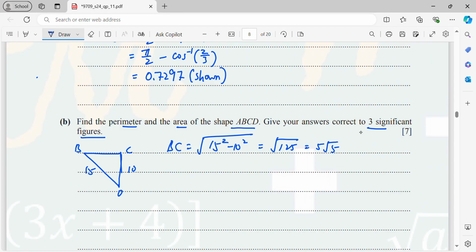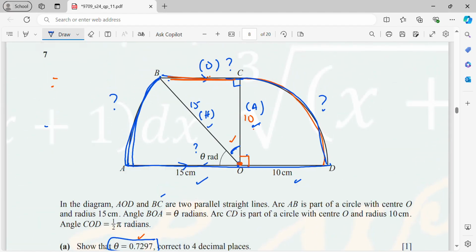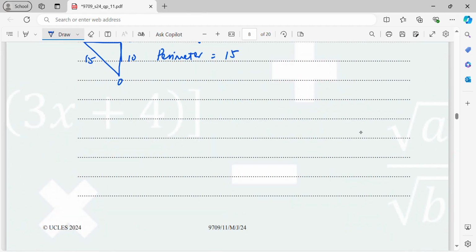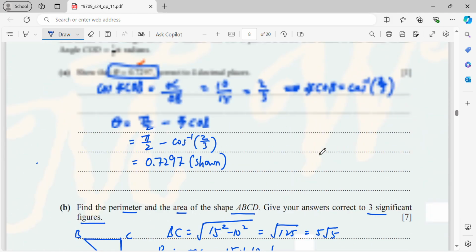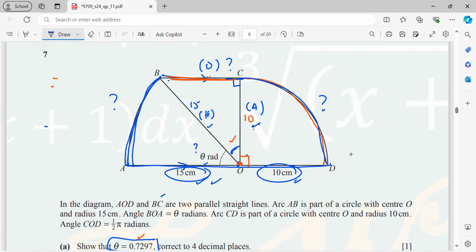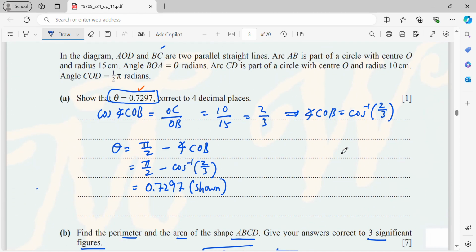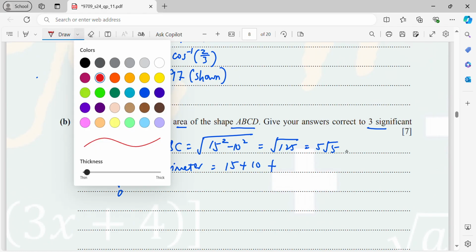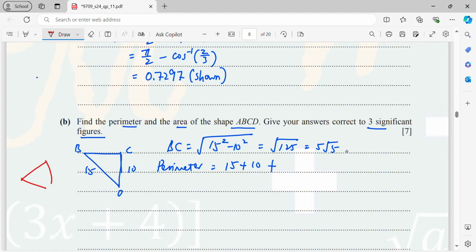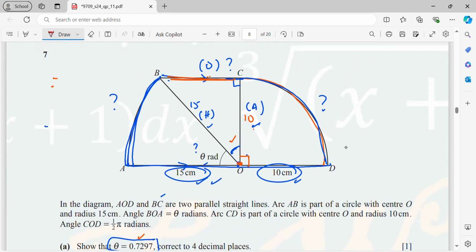Okay, so I will directly find the perimeter. So perimeter is basically 15 plus 10 plus AB. For your information, if you need to calculate the arc length of a sector, this is theta, here is r, the arc length is theta r. So I just need to find 15 theta, that is my arc length.